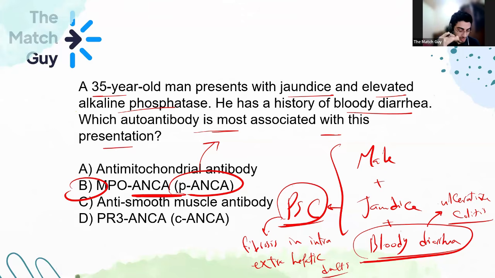Guys, all the autoantibodies will be mentioned. Amazing. It's called anti-neutrophil cytoplasmic antibody. So these are autoantibodies against the neutrophils.